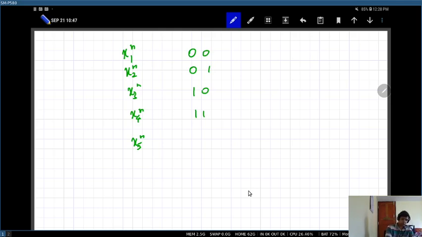And so you have f, which maps the input files to the compressed files, and then you have a map g, back to x1n, x2n, x3n, x4n, and x5n, right?